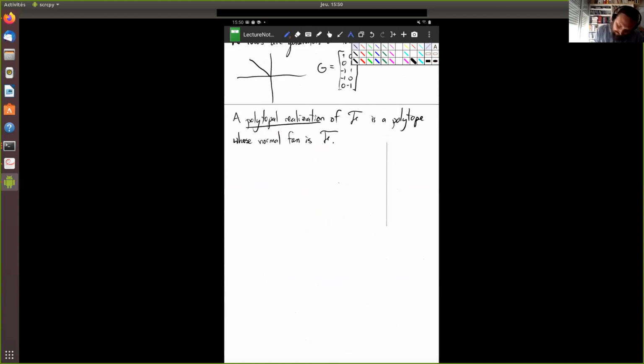If I choose the heights not carefully, maybe I choose this and this and this and this, and then I choose a height here that is very far away, then all my inequalities define a polytope, but it's not a polytopal realization of my fan. This ray here is not normal to any of the faces of this polytope, so that's not okay.